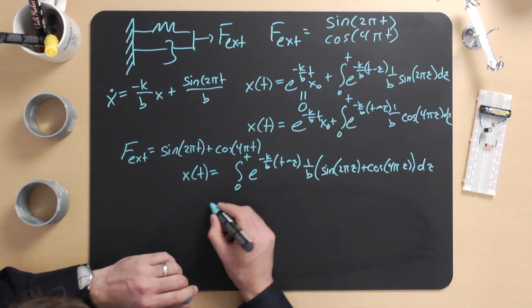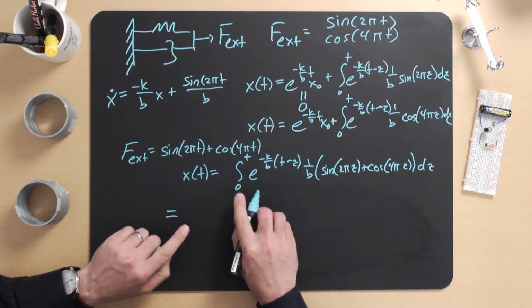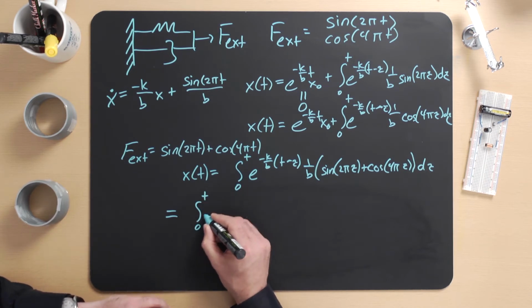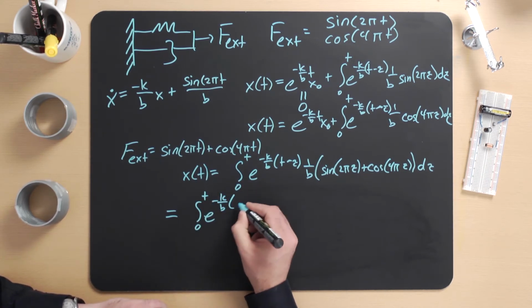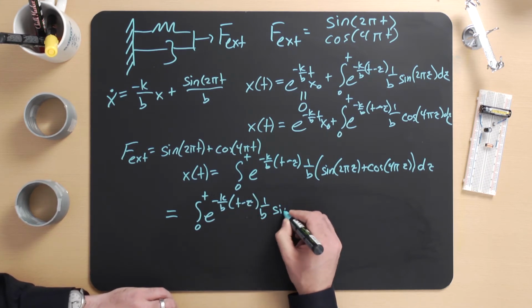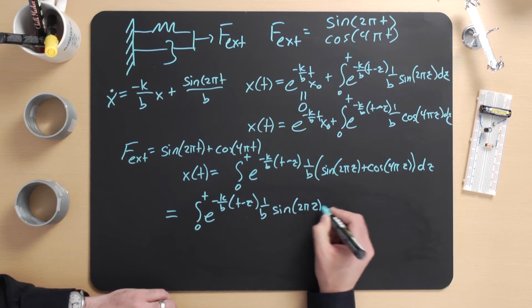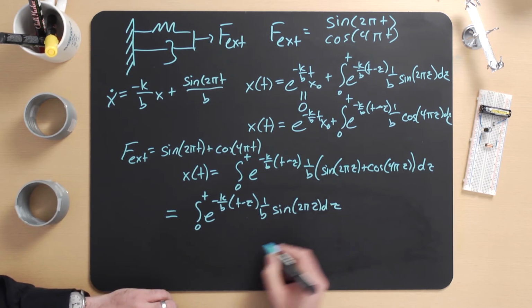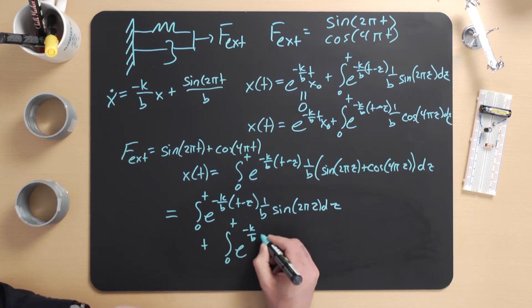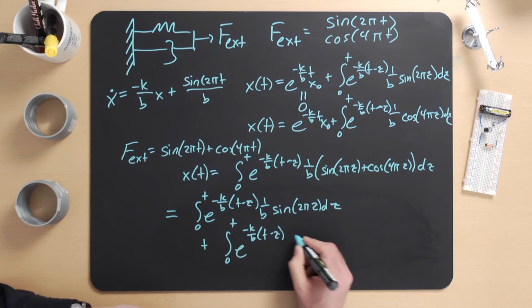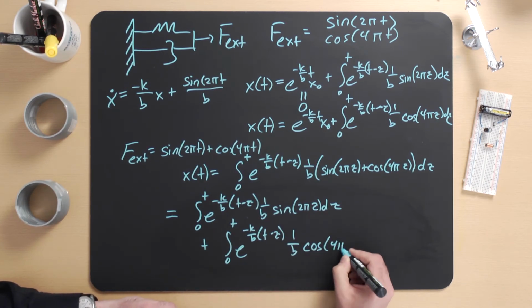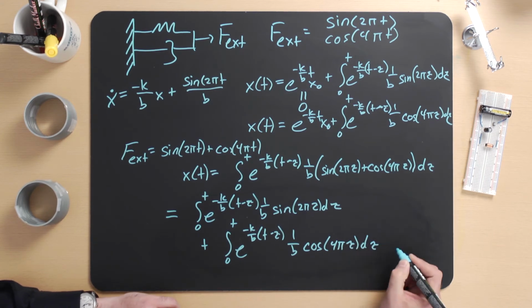This expression is equal to splitting this integral into two pieces. The integral from 0 to t, e to the minus k over b times (t minus tau), 1 over b sine 2 pi tau d tau, plus the integral from 0 to t, e to the minus k over b times (t minus tau), 1 over b cosine 4 pi tau d tau.